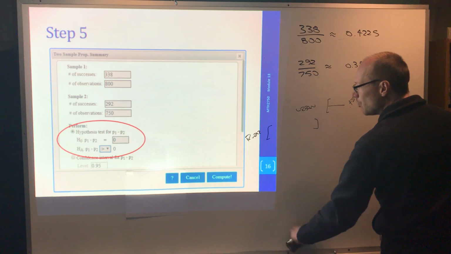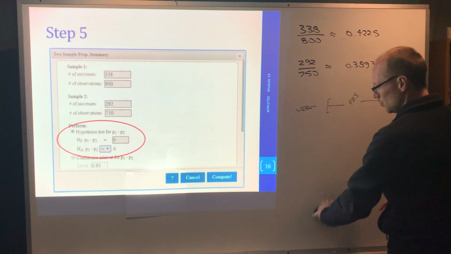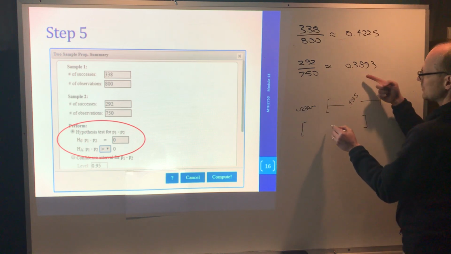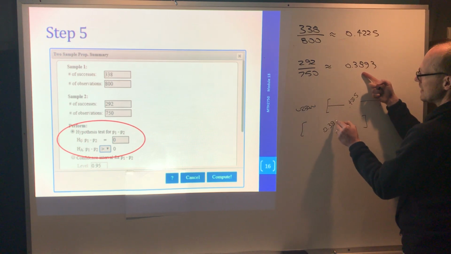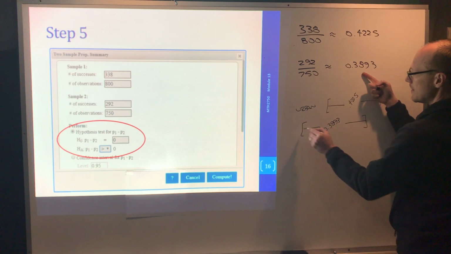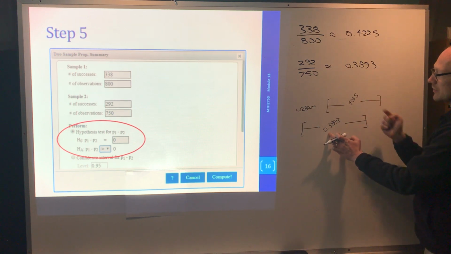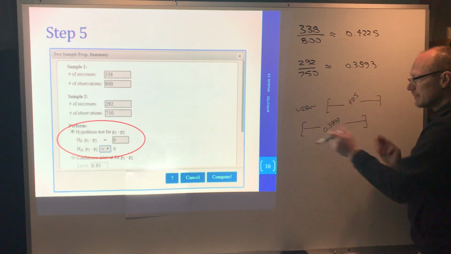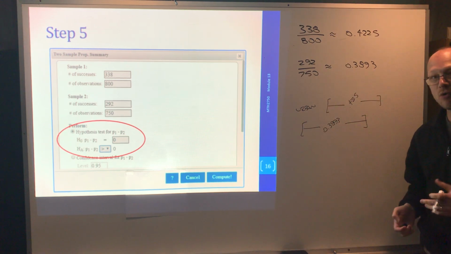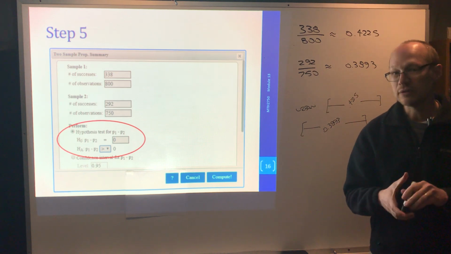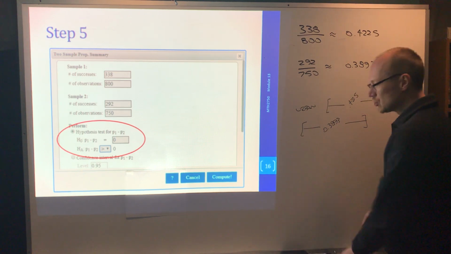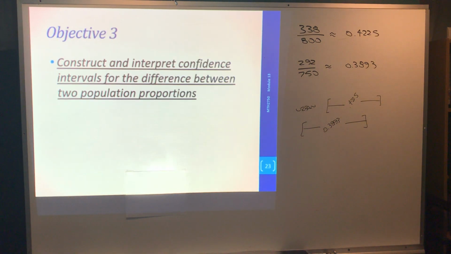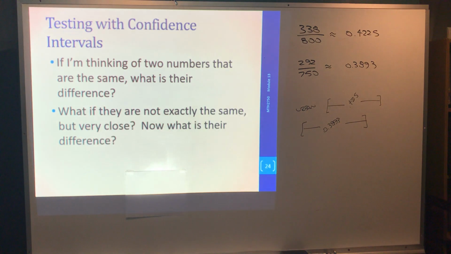But what if there's some overlap, right? What if it looks like this? And we can see then that, of course, the 0.3893 is less than the 0.4225, but with the wideness of those confidence intervals, there's going to be some overlap, right? So keep that in mind as you process through this whole idea of confidence intervals between two population proportions.